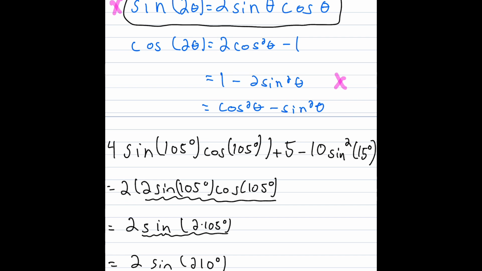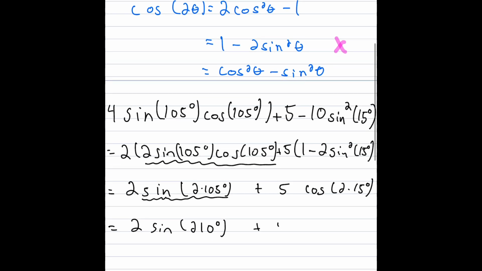But again, I can use a little bit of algebra here by factoring a 5 out. By doing that, you get 5 times 1 minus 2 sine squared of 15 degrees. And by the double angle identity of cosine, that's going to equal cosine of 2 times 15 degrees, which becomes the cosine of 30 degrees.